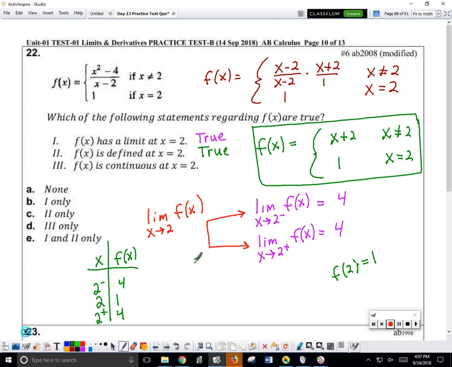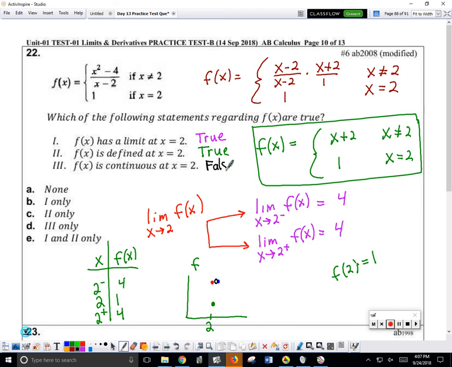So on a graph of f, we would see something like this. Here's x equal 2. Right at x equal 2, there's a dot. Just infinitesimally to the left, there's a dot as well, but it's way up here. Just a little bit to the right, the dot's way up here, and so you'd have this open circle in the middle. So it's a removable discontinuity, because the left and right match, but they don't match the value of the function. So it's definitely discontinuous.